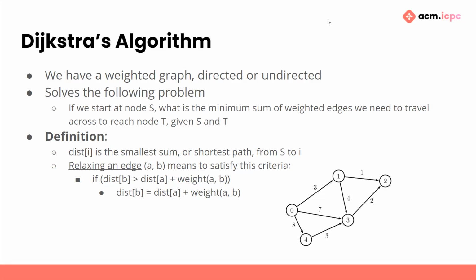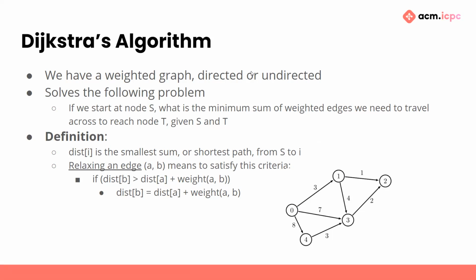In the case of this graph on the slide, if we start from node 0, then the shortest path from 0 to 2 has a weight of 4, because we can go from 0 to 1 and 1 to 2. That's 3 plus 1, which gives us 4.